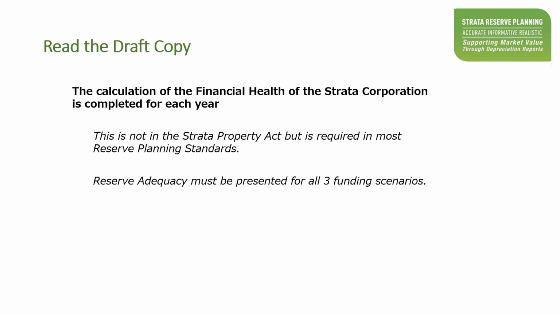And why I call them funding scenarios is the expenses will be the same in every scenario. It's just how you fund to pay them can change in each of the scenarios. So that's why the legislation says three scenarios, but they're actually three funding scenarios.